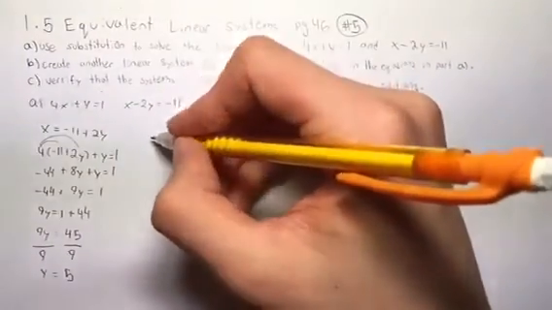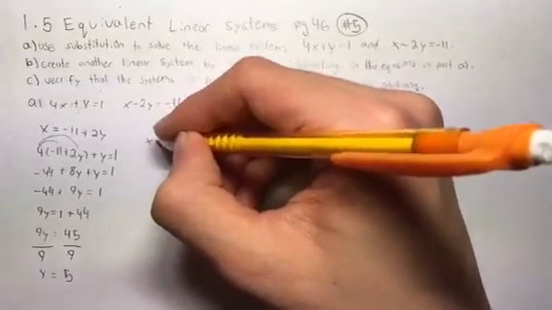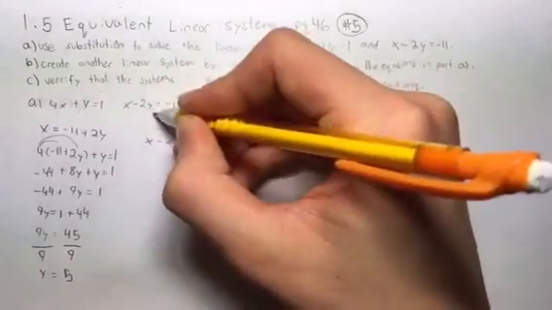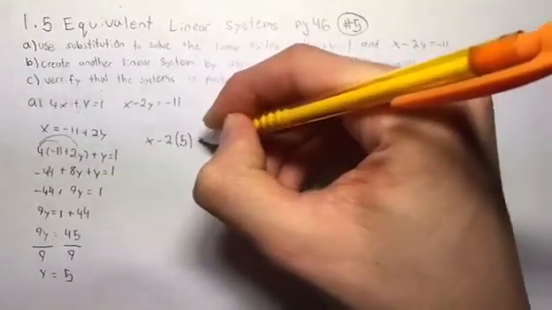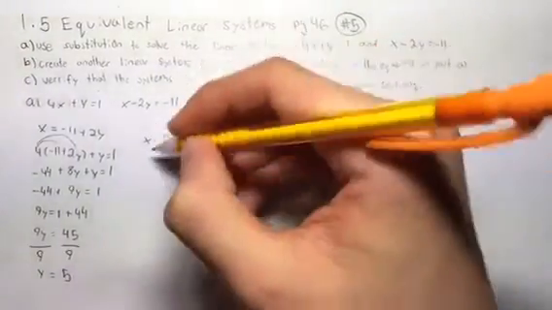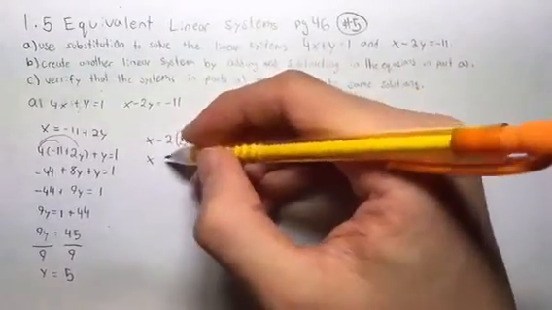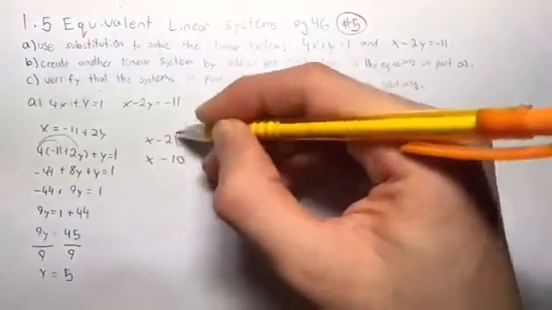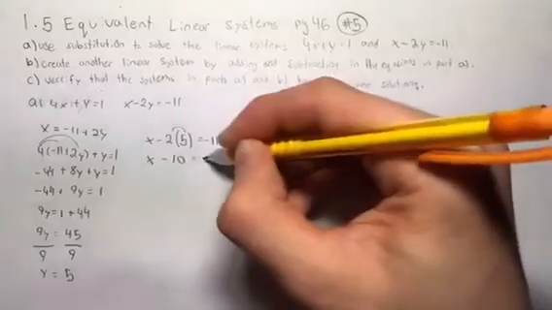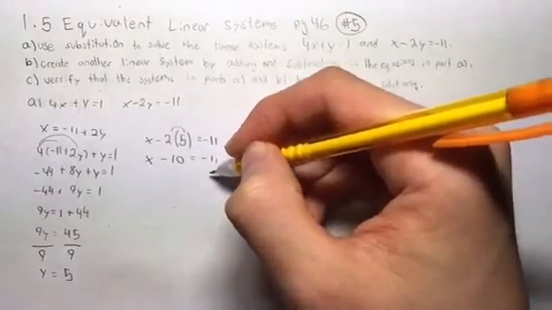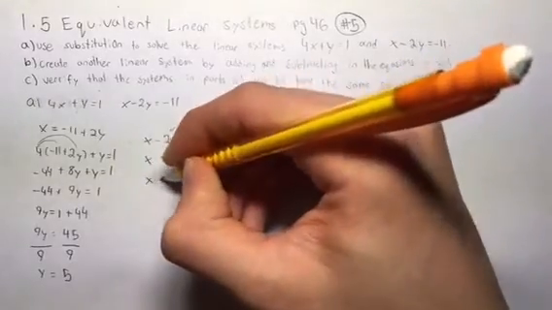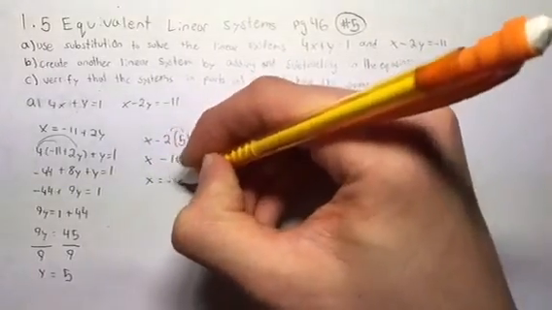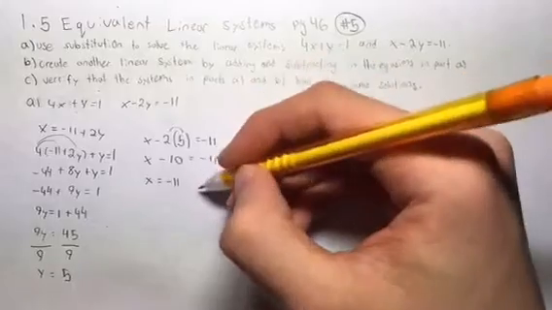So x minus 2y, and y equals 5, so put that in, equals negative 11. So x minus 10, after you multiply, equals negative 11. So now we have to just isolate the variable. So x equals negative 11, and then move the 10 to the other side.